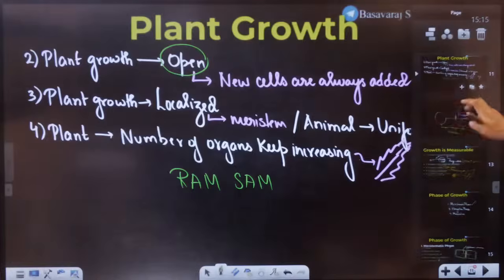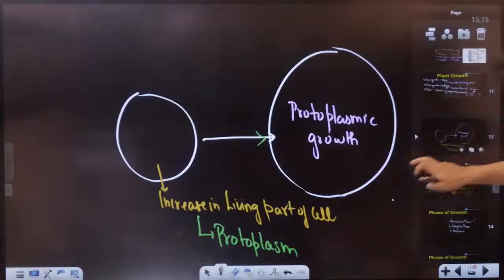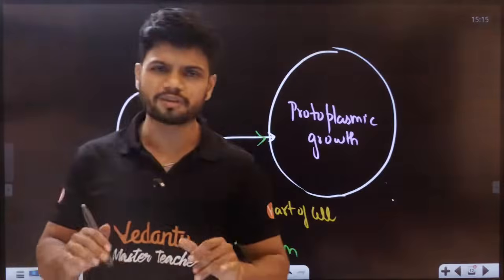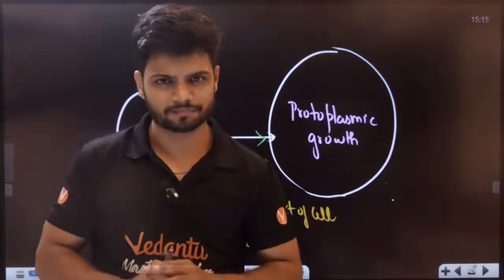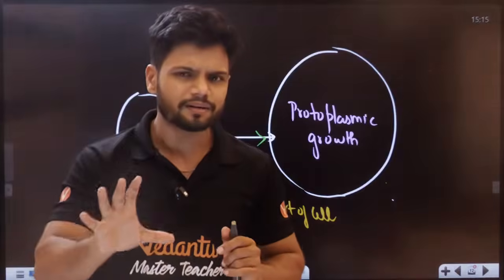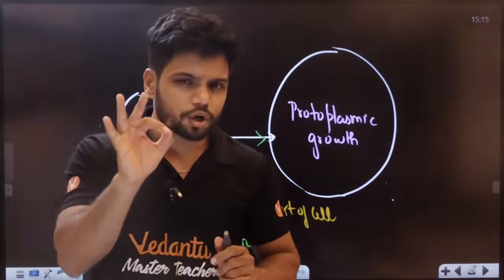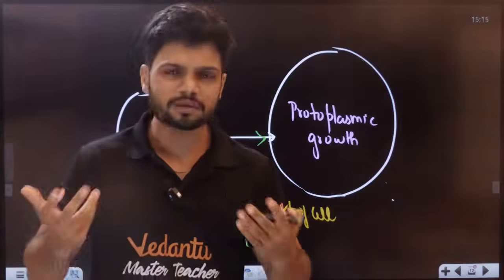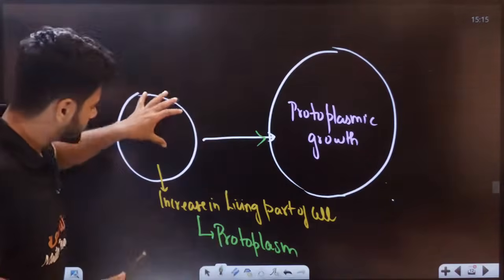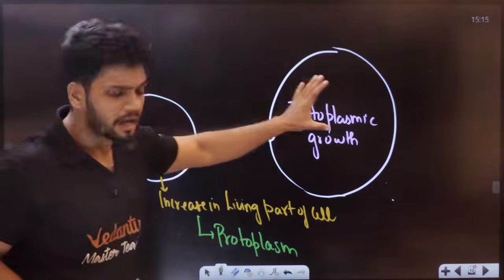Okay. Now, students, when I talk about growth, I am talking about increase in the living part of a cell. Yes or no, all of you? When I say growth, I am actually technically speaking about growth of a cell. जब हम growth के बारे में बात करें ना, we are talking about growth of a cell. And if you look at a cell, this is a small cell, it becomes a large cell.